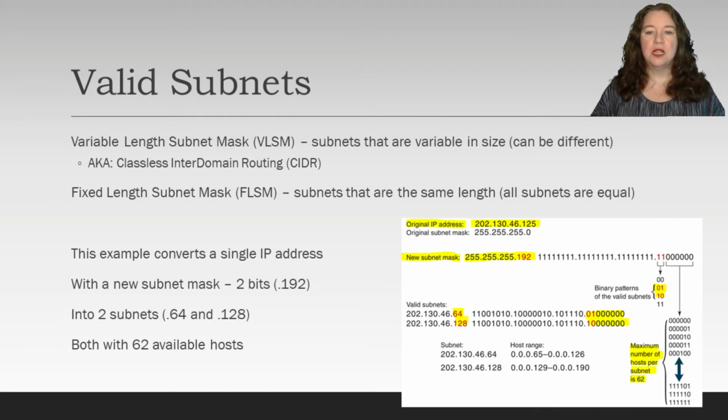Okay, so the IP addresses would be 202.130.46.65, 66, 67, up to 202.130.46.126, and then that would get me through to the 62 possible. If I were in the second subnet, the 128, I can start at 129, can't start at 128, it's already used, and I can go up to 190. Can't use 191, that's broadcast. Can't use 192 because that would be the next number up.